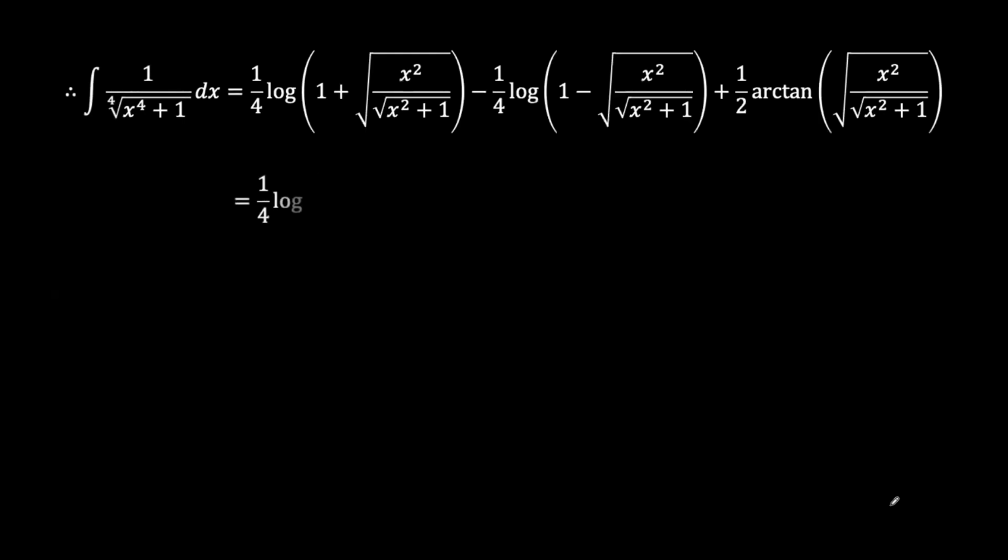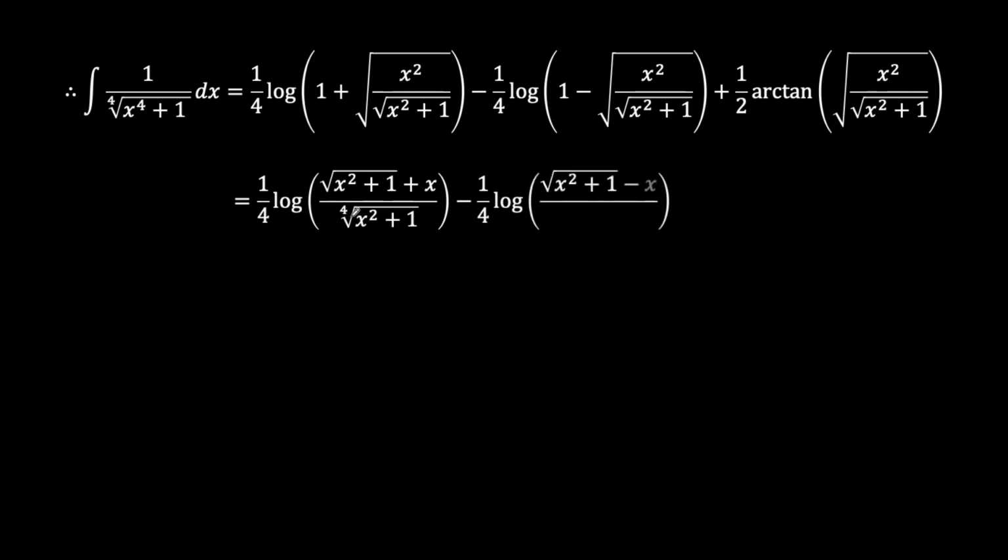So the next thing is we can express this as a common base, and therefore square root becomes root to the power 4. And so here we have 4th root of x squared plus 1 plus x, minus a quarter.